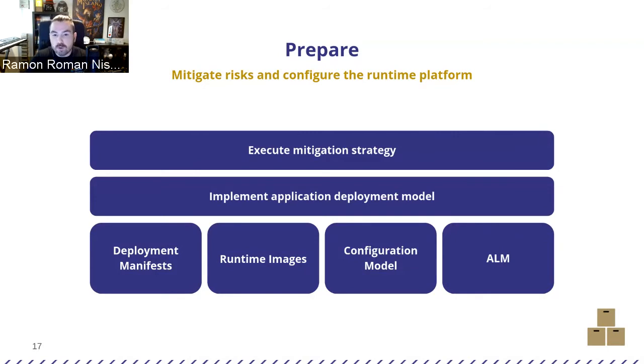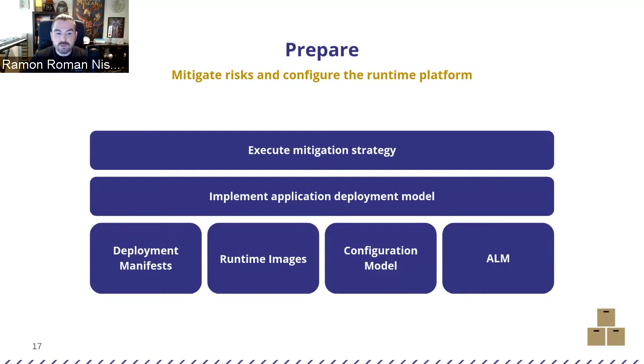The configuration model, whether we want to use config maps and secrets, or we want to use any kind of external configuration service. And also everything related to ALM. We already discussed how Kubernetes enhances the ALM capabilities of an organization. And this comprises basically designing the CI/CD pipelines to further enhance the software delivery performance of the applications and the organization in general.